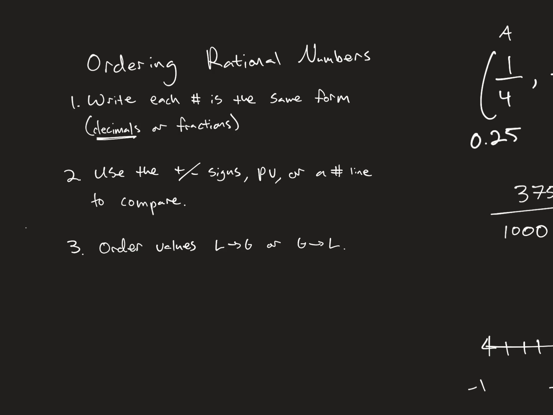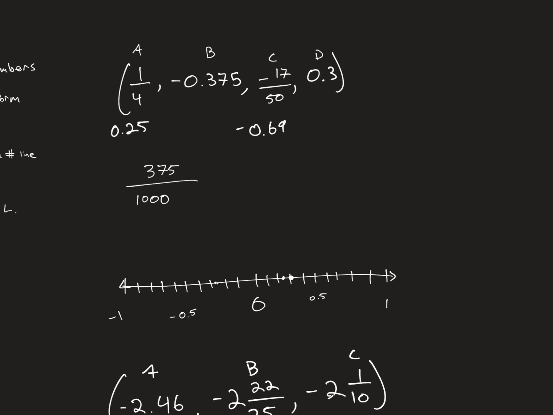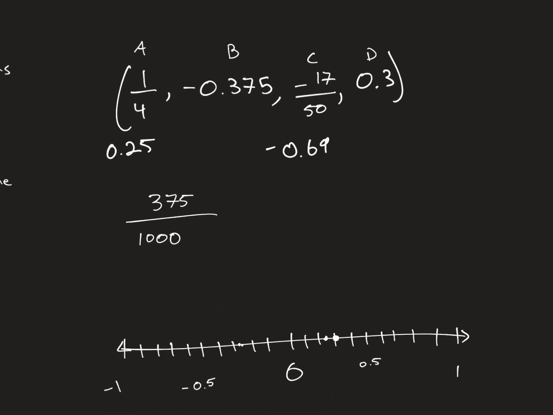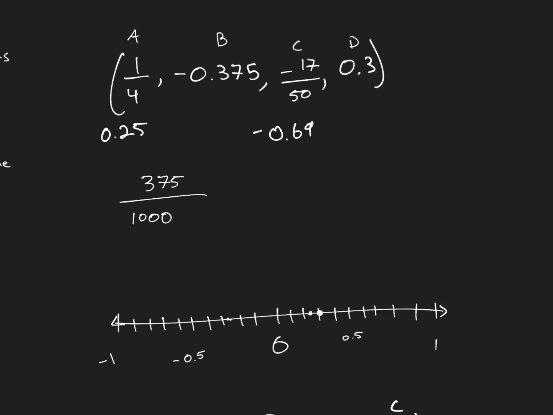We can use fractions, but most of the time it's easier to look at decimals. Then we want to use signs and place values on a number line to compare, and from there order from least to greatest or greatest to least, depending on what the problem asks. I have one example here that I went ahead and did.